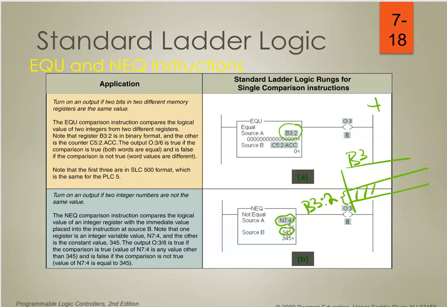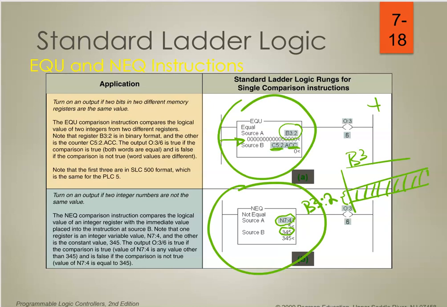So this whole block is what we are comparing here, and it is being compared with the accumulator value of counter number 2. So these are different ways of providing the number for your comparison instruction, and it also shows you that they are at the left hand side of your rung because they are input instructions.